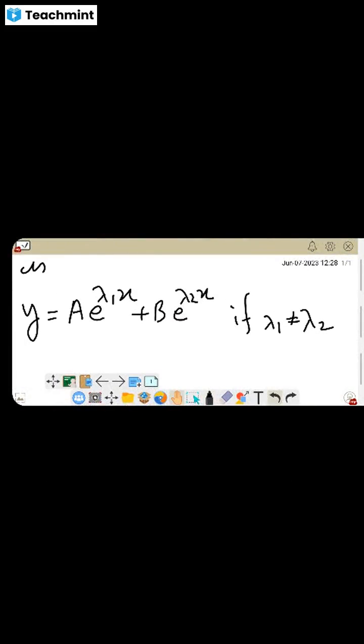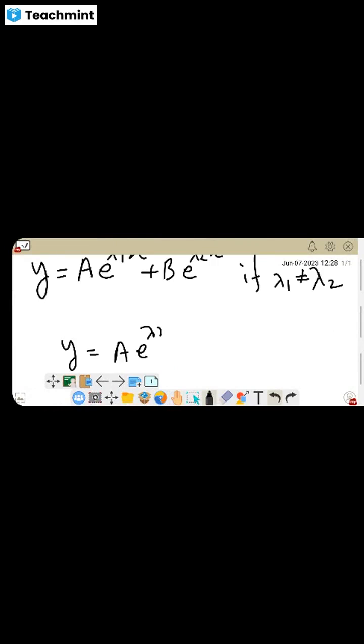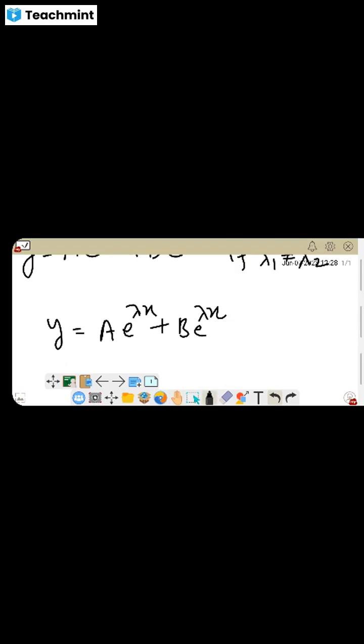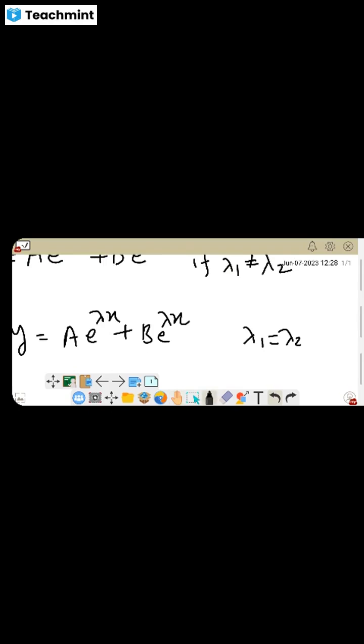If both are equal, then we have y is equal to a into e to the power lambda x plus b into e to the power lambda x, because both are equal. Here lambda 1 is equal to lambda 2 is equal to one value lambda.